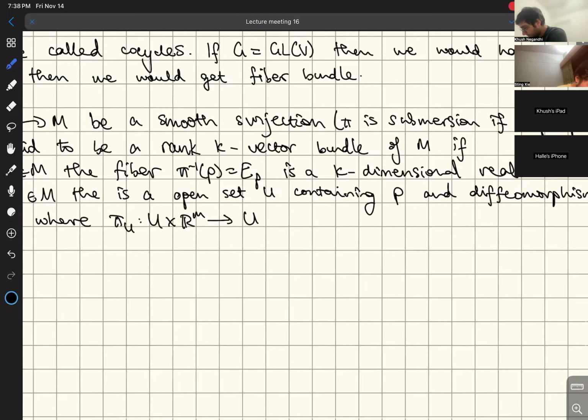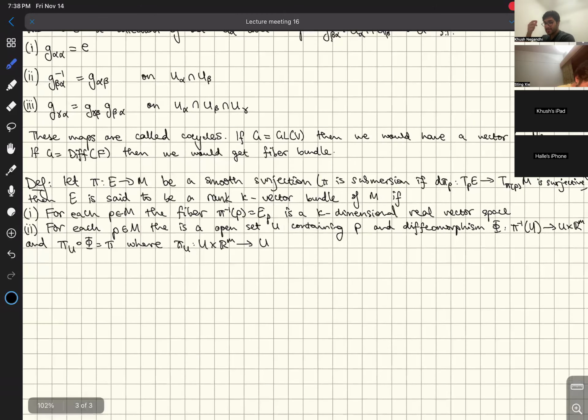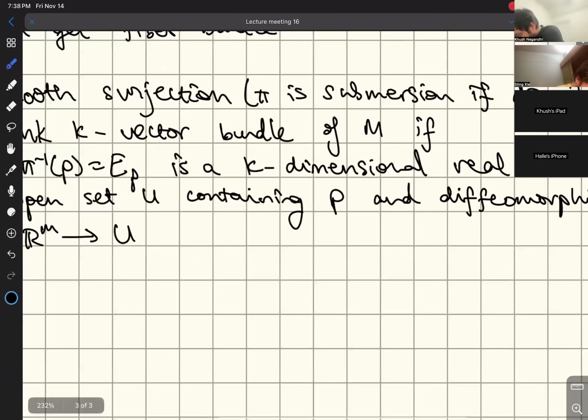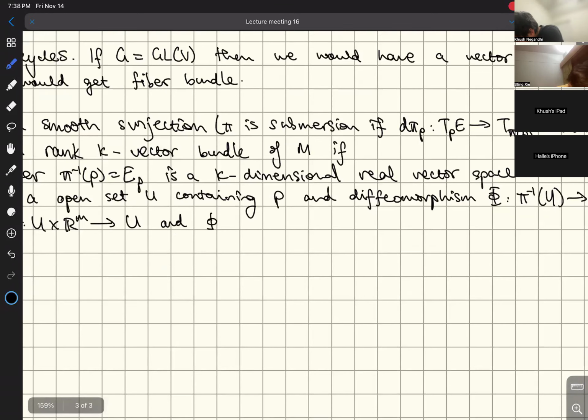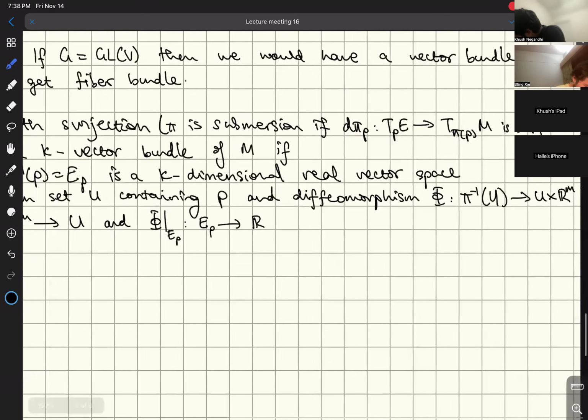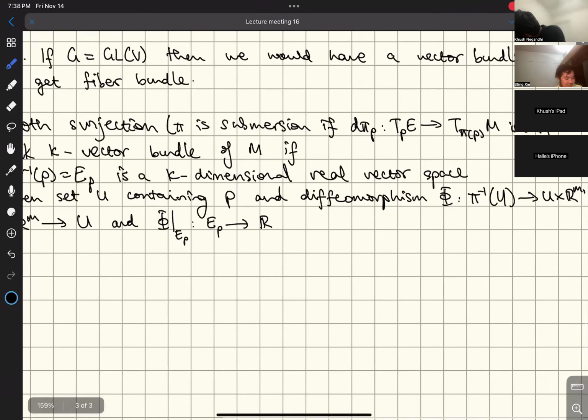So we have the condition that which projection you use doesn't matter. And the other thing is that phi restricted to E_p, from E_p into R^k, is a vector space isomorphism.